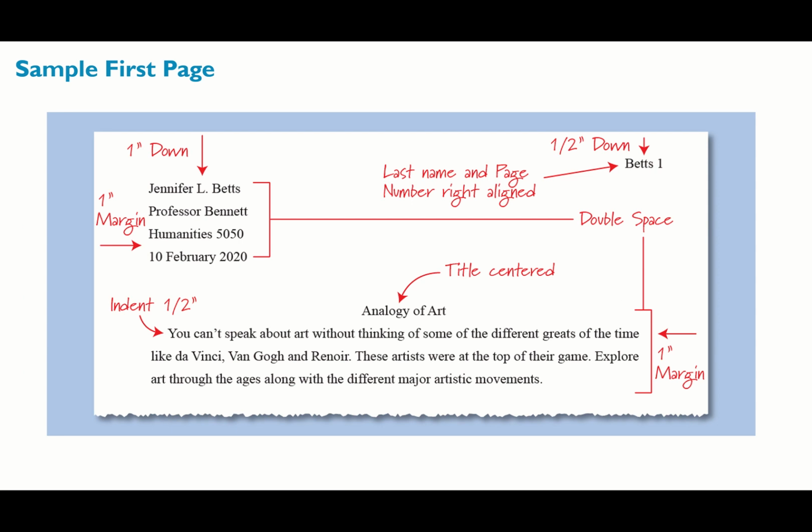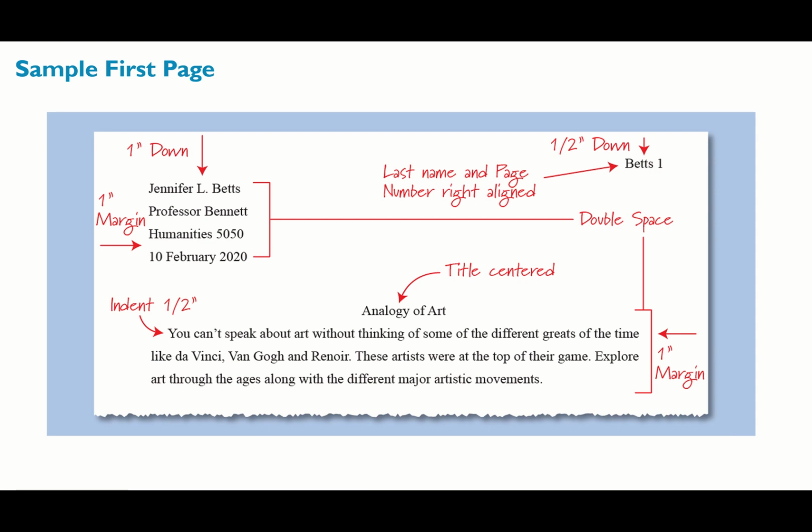As you can see on the left, that's where we have your header, name, instructor name, class name, and the date. Go ahead and also pay close attention to how that date is formatted. It's a little bit different than we're used to seeing, but you always have the day of the week first, the month spelled out, and then the year. And then if you look in the upper right-hand corner, you see that is the header that I was referring to.